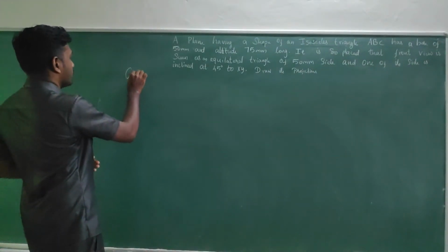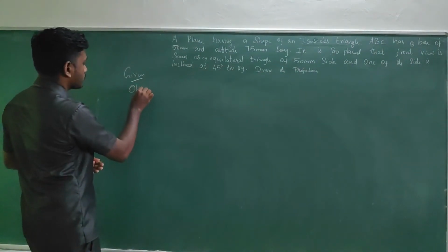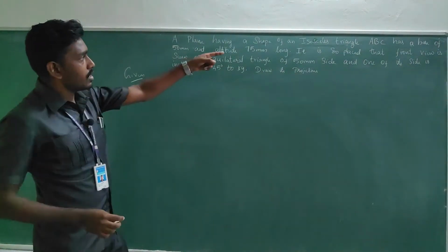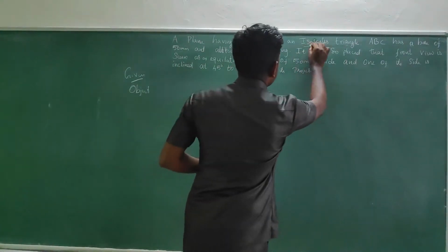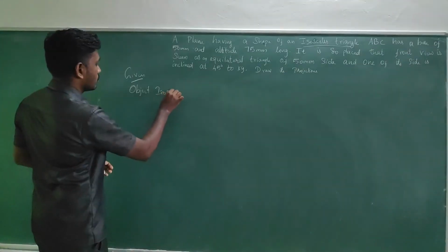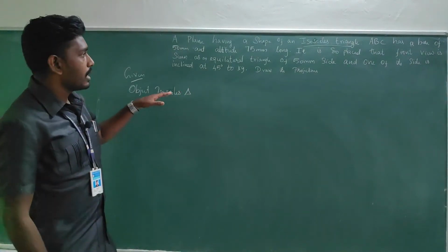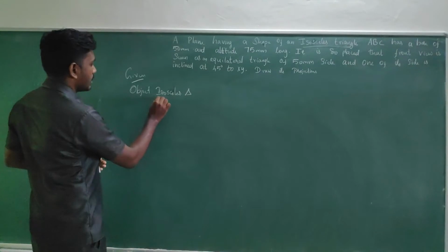So given data, what about the object? It's an isosceles triangle. And what about the dimensions?